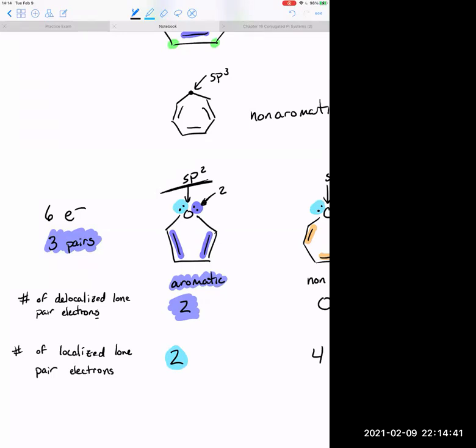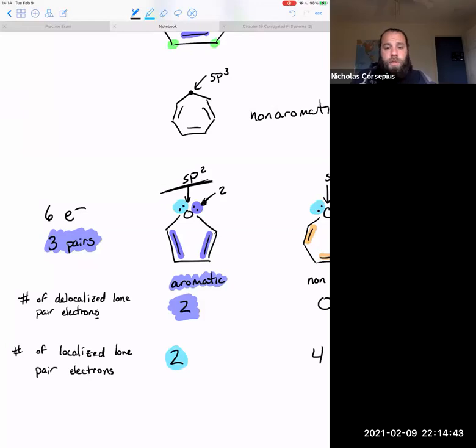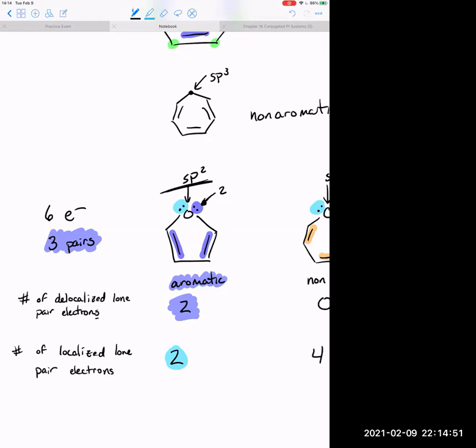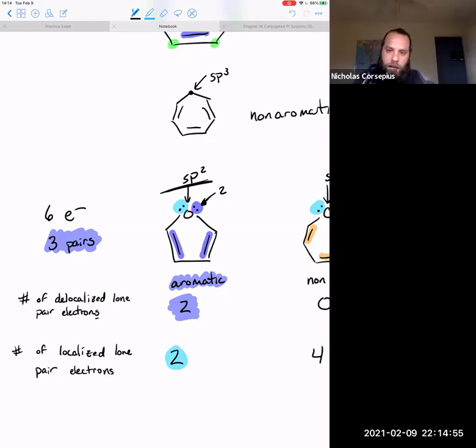Okay. There's 1 lone pair and 2 lone pair electrons that are delocalized. You're saying one and the same thing. Yeah, it's the same question that Dylan had. It's kind of a nuance. Do you refer to the total number of electrons or the number of pairs of electrons? It's kind of what you've got to keep straight language-wise.